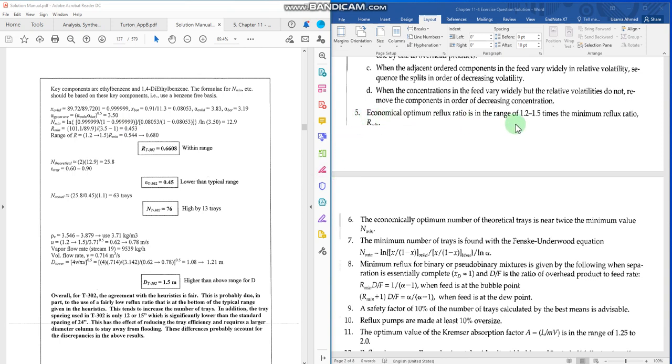Okay, so once you have the value for the minimum reflux, then you have to use rule number 5, which is here 1.2 to 1.5 times the minimum reflux ratio. So you have to multiply this number with 1.2 to 1.5 to get the range of the reflux.